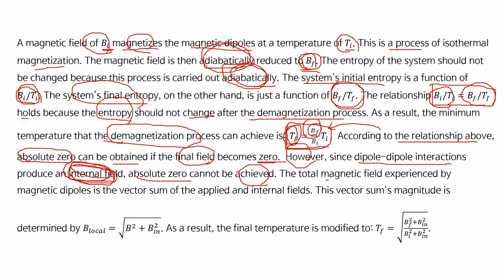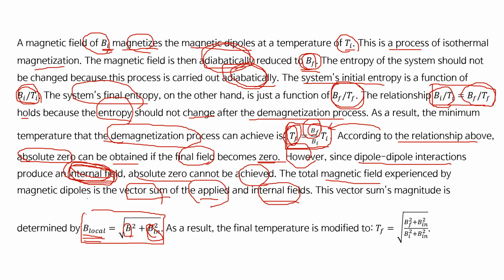The total magnetic field experienced by magnetic dipoles is the vector sum of the applied and the internal fields. This vector sum's magnitude, the local field, is given by this equation. B is the external field and B in is the internal field.